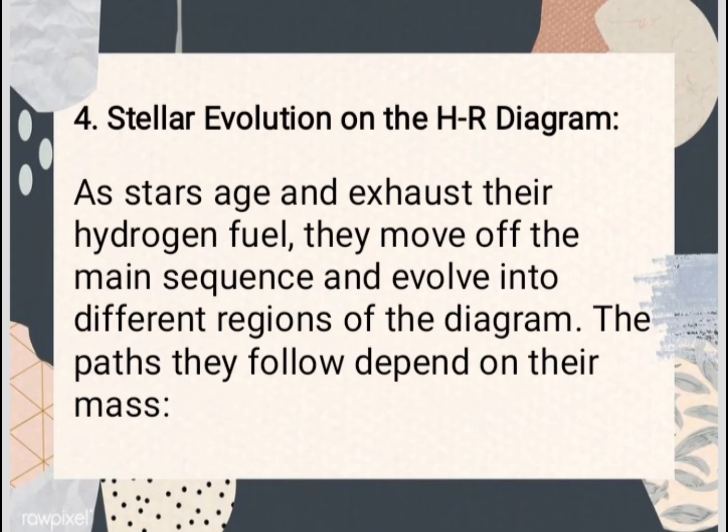Number 4, stellar evolution on the HR diagram. As stars age and exhaust their hydrogen fuel, they move off the main sequence and evolve into different regions of the diagram.